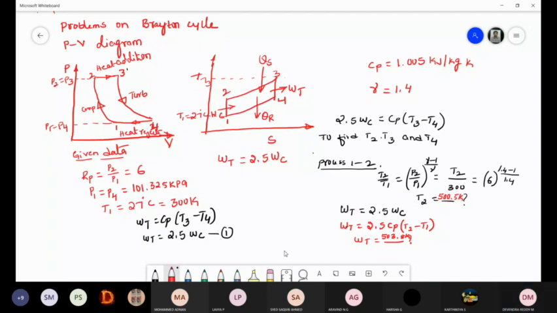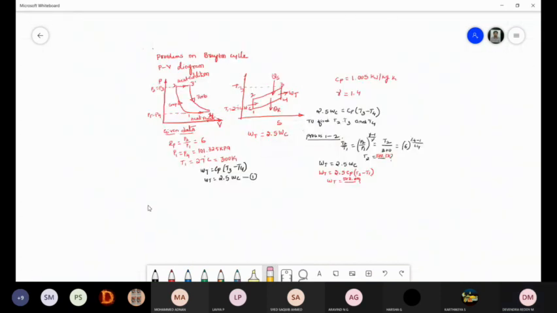Now process 3 to 4. Tell me how to write process 3 to 4 to find T3 and T4.